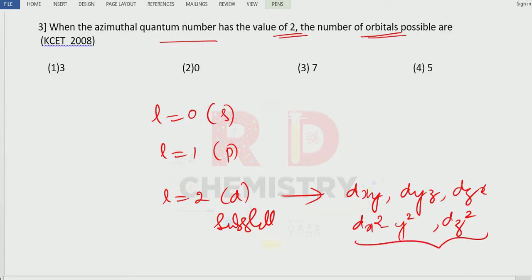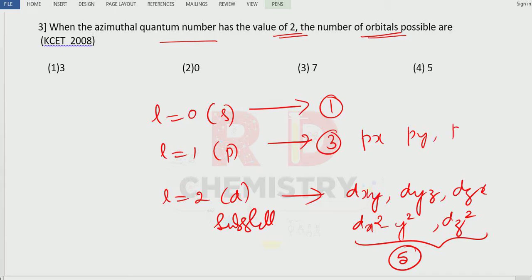How many are there altogether? 5 are there, correct? Remember, 5. Clear? 5 types of d orbitals are there. How many types of s orbitals are there? Only one type. How many types of p orbitals are there? 3 types. What are those? Px, py, and pz. How many types of f orbitals are there? It will be 7. Remember, odd numbers: 1, 3, 5. Next one is 7. So here, the answer is which one? Option number 4. 5.